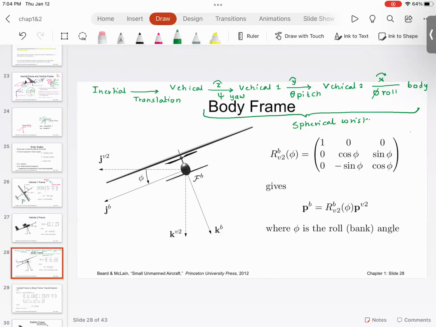And I emphasize this concept because you can build your entire career, which I did at some point, just looking at this transformation and finding the attitude solution for aircraft, either quadcopter, fixed wing, tilt rotor, spacecraft, everything. Let me emphasize this once again.